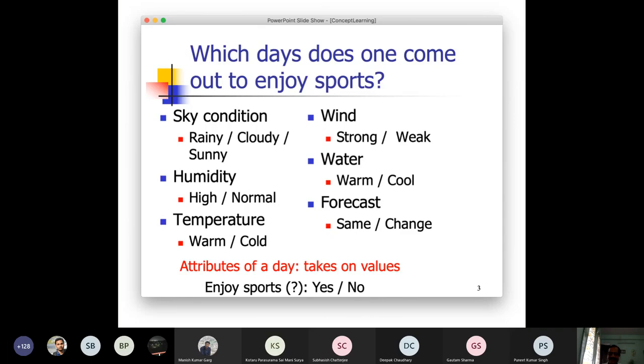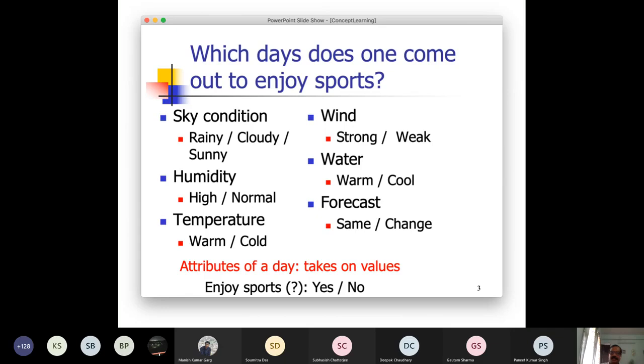Sir, in the sky condition, there can be a don't care. In each condition, there can be a don't care value. So it will be 4 into 3 into 3 into 3 into 3 into 3. You already have the combinations for the input set, but what is added for each one?